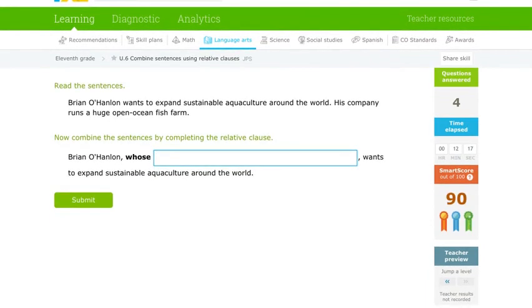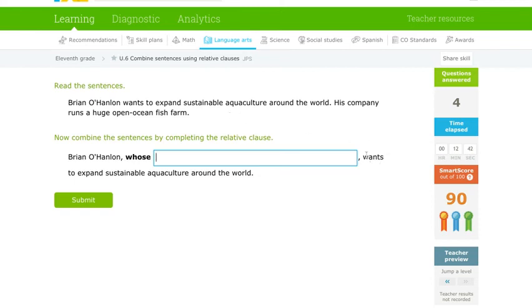Okay. Brian O'Hanlon wants to expand sustainable aquaculture around the world. Okay. His company runs a huge open ocean fish farm. All right. So now we want to come up with that dependent clause that links these sentences together. So Brian O'Hanlon wants to expand sustainable aquaculture around the world.